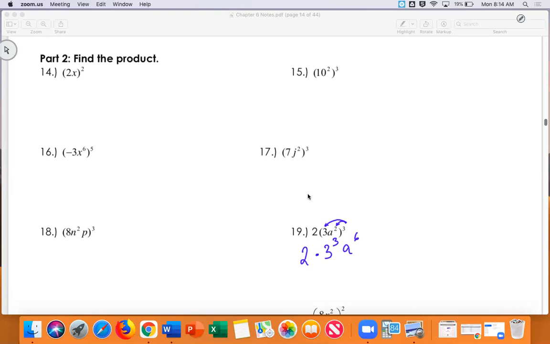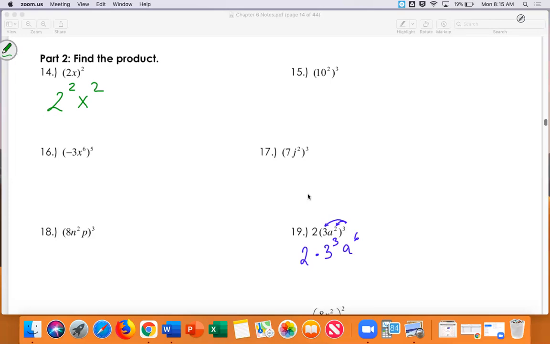Destiny, all done? For the most part? All right, Destiny, what'd you get for 14? Yep, 2 to the 2nd and x to the 2nd. So 2 squared, x squared. Jack, what'd you get for number 15?